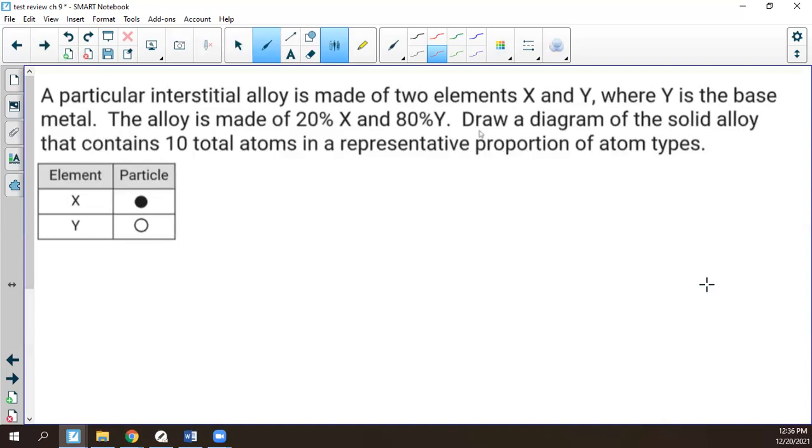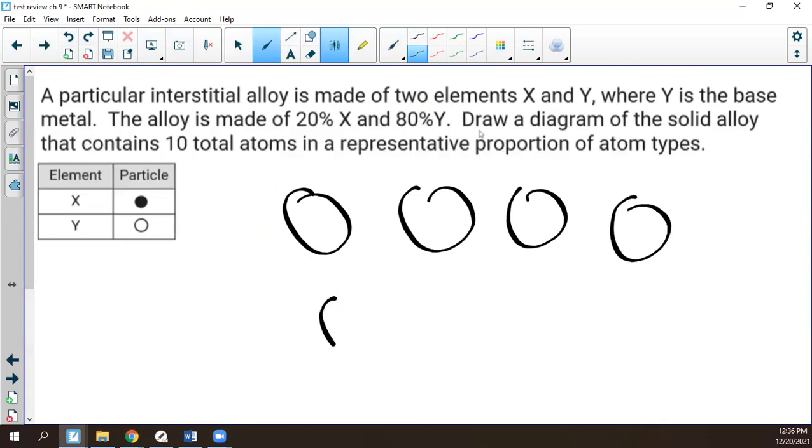All right, here we go. So I have 10 total atoms. 1, 2, 3, 4, 5, 6, 7, 8.